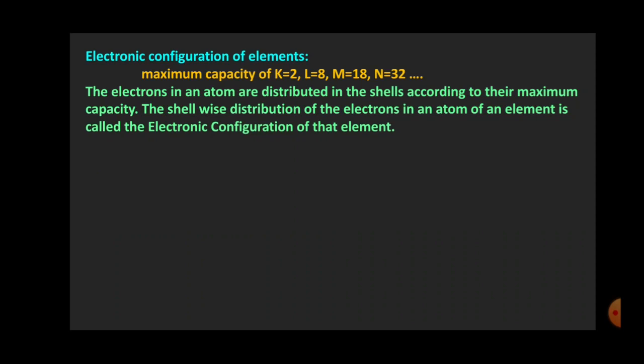As we change the orbits, the number of electrons also changes, and as we go away from the nucleus, the number of electrons also increases. Each electron has a definite energy as per the shell in which it is present.